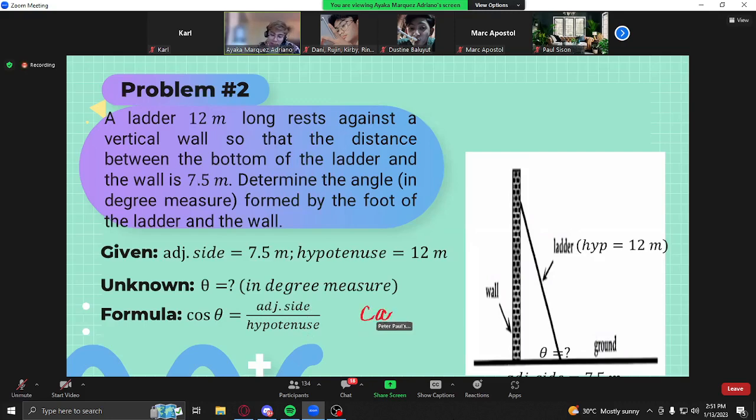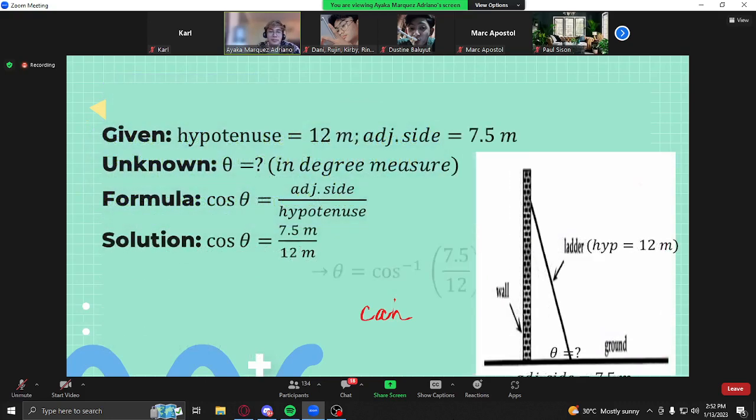Again, we use the mnemonic. For the solution, we have cosine theta is equal to 7.5 meters divided by 12 meters. See? So that will be the inverse cosine 7.5 over 12.